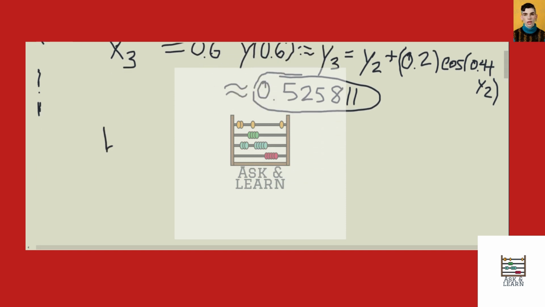Now in part B, we're asked to use a different step size, this time a step size of 0.1. So now we expect to have 6 steps instead of 3. Again, we have that x0 is equal to 0, and y0 is equal to 0.